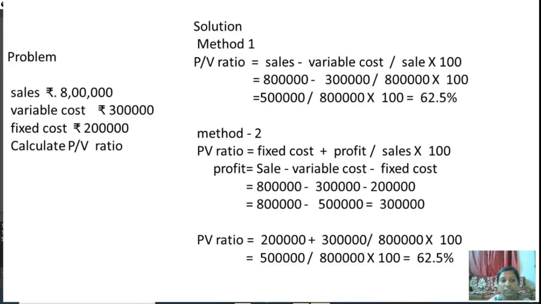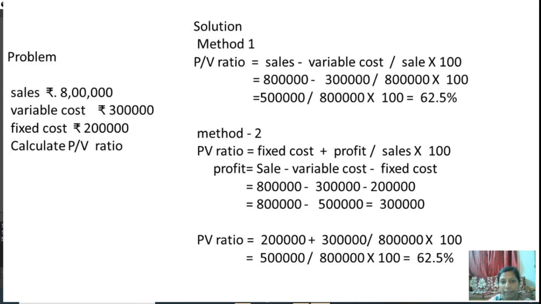Sales is rupees 8 lakh minus variable cost rupees 3 lakh, divided by sales 8 lakh, into 100.